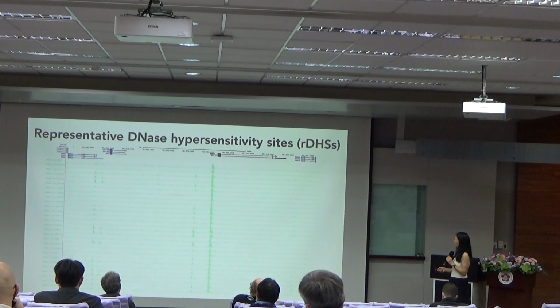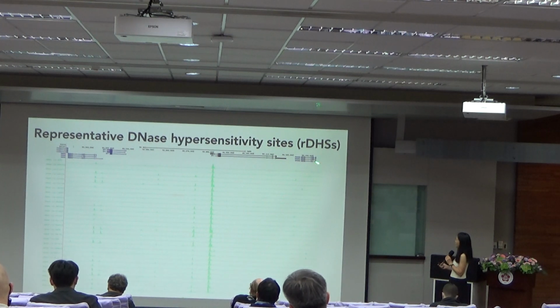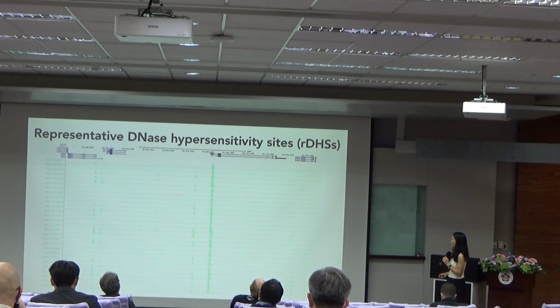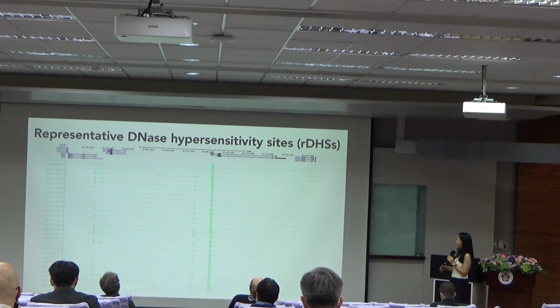So we decided that we are going to anchor all these regulatory elements by DNase sites. These are DNase hypersensitive sites. These are the regions that are hypersensitive to DNase cleavage. They indicate open chromatin regions. They usually indicate regulatory elements without specifying which kind of regulatory elements, but it's more like an all-encompassing definition.